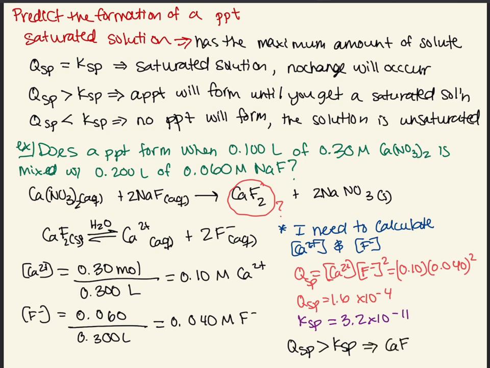So calcium fluoride will precipitate. Now we can also take a solution and do what is called a selective precipitation.